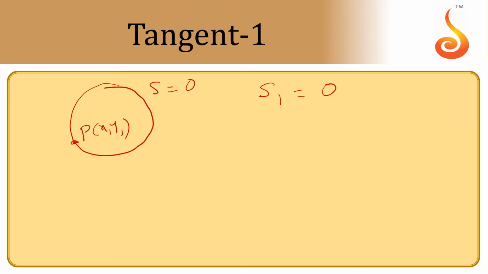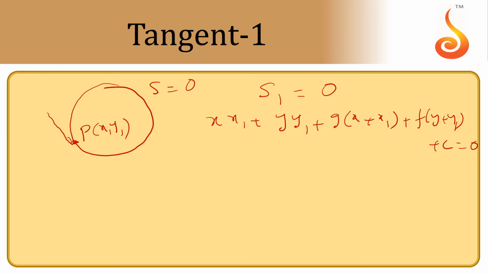So for general circle, x x1 plus y y1 plus g into (x plus x1) plus f into (y plus y1) plus c equal to 0. So this is S1. So it's a linear equation. So you will get equation of tangent at (x1, y1).